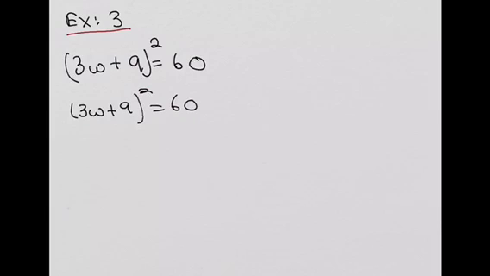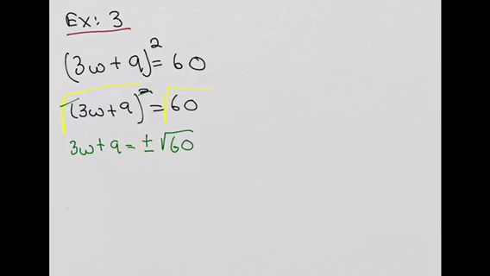In order to cancel the square, I'm going to take the square root of both sides. This cancels that. So I am left with 3w plus 9 equals plus or minus, let's not forget that, the square root of 60. Okay, now before we move forward, we can have two options. We can continue to isolate the w, or we can simplify the radical.